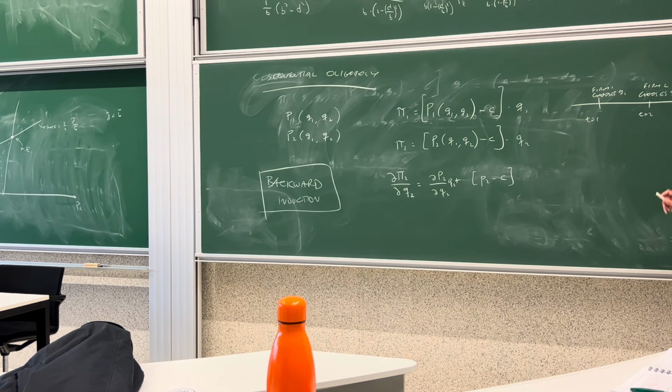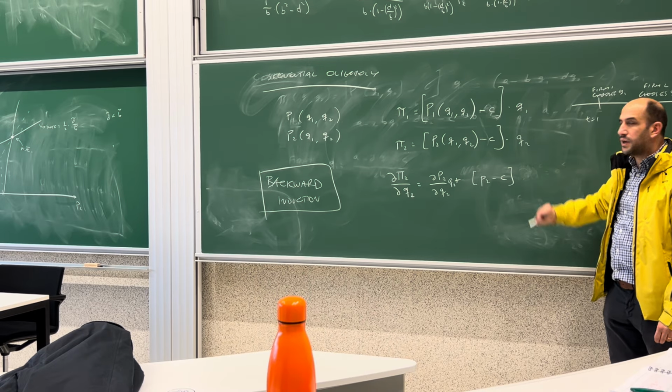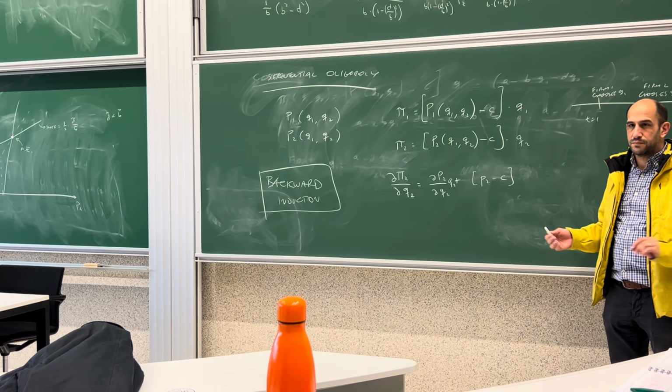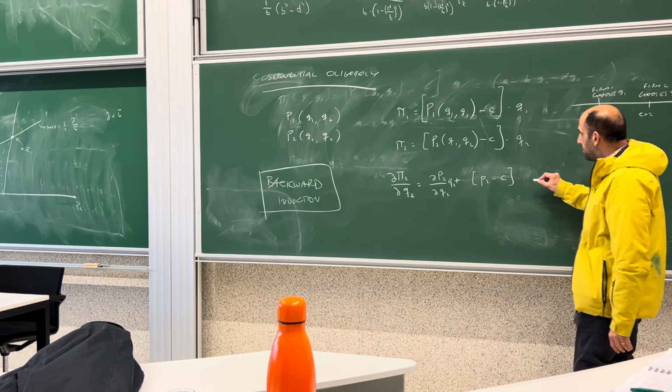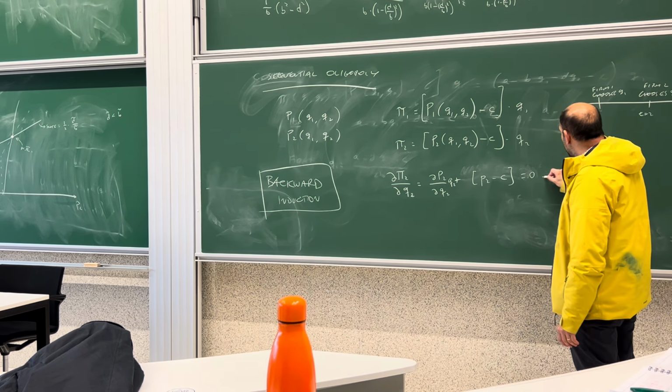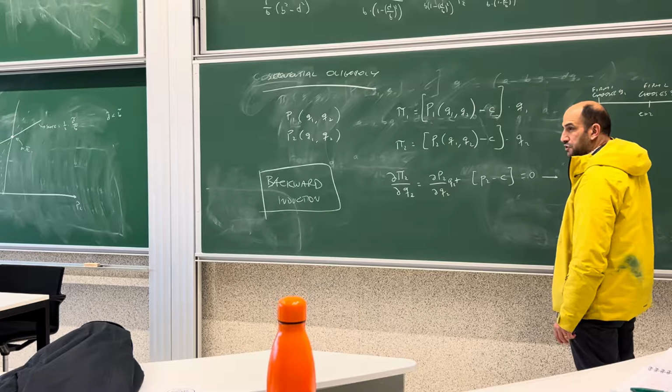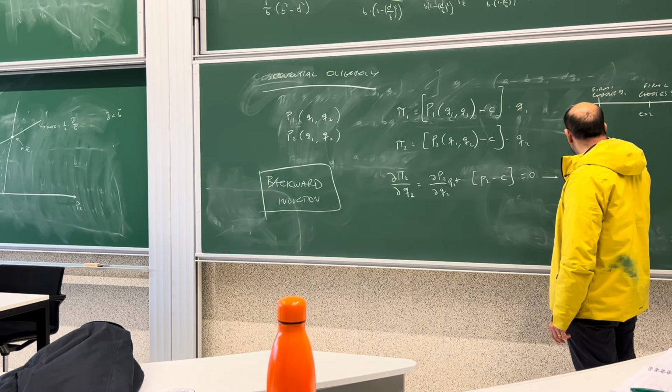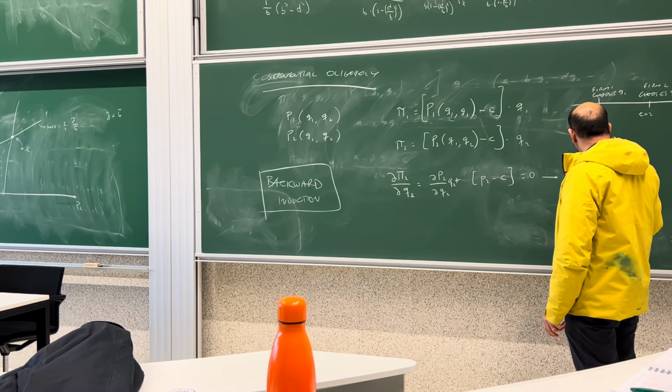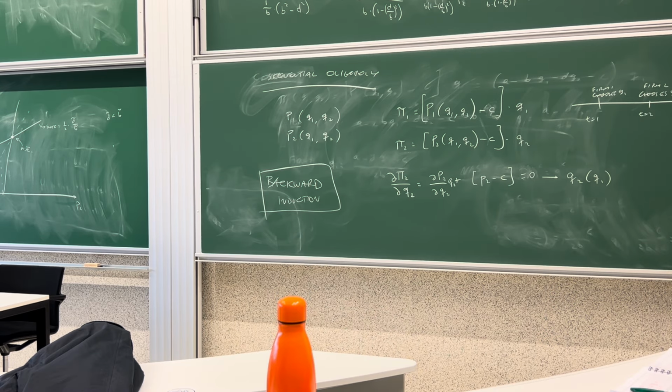Okay, this is the same first order condition as in Cournot. And then when I set this equal to 0, that gives me the reaction function of firm 2, right? That's going to be Q2 as a function of Q1. In general, generally speaking.